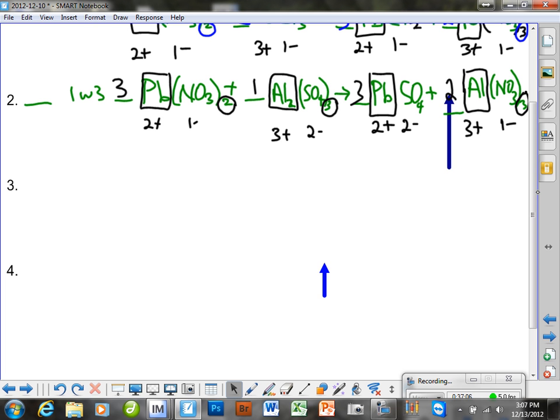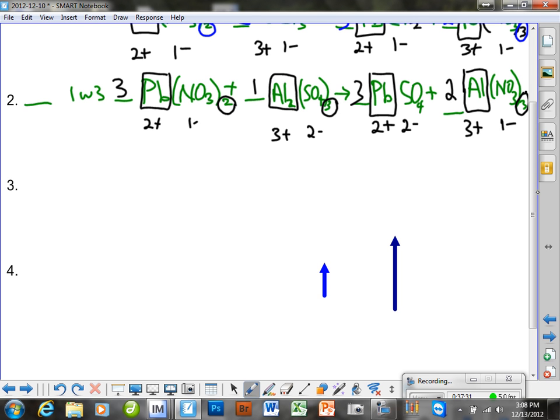And we have 6 nitrates here because 3 times 2 is 6. We have 2 times 3 is 6 over here for the nitrates. And the sulfates on the left are 3 times 1. Sulfates on the right are 3 times 1 sulfate. We're good, huh? All right, let's do one more.